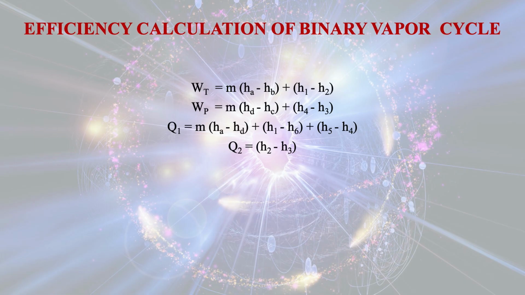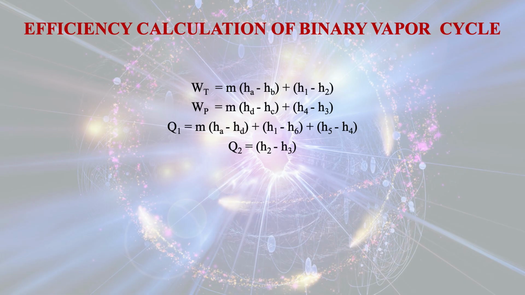But Q1, the heat input, is equal to M multiplied by HA minus HD plus H1 minus H6 plus H5 minus H4. So M is the mass of the mercury circulating in the topping cycle, and in the bottoming cycle we assume that 1 kg of steam is circulating in the steam cycle.